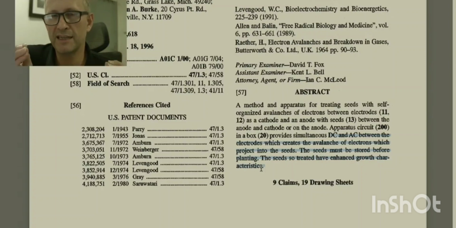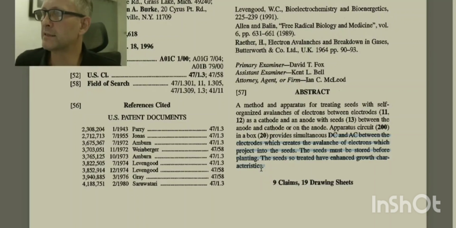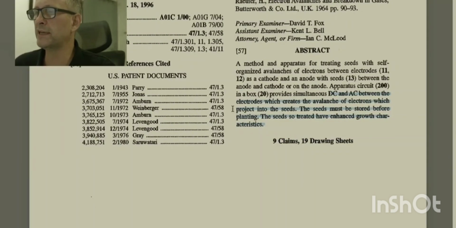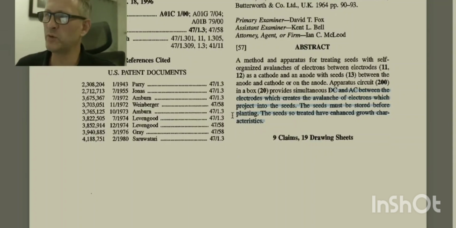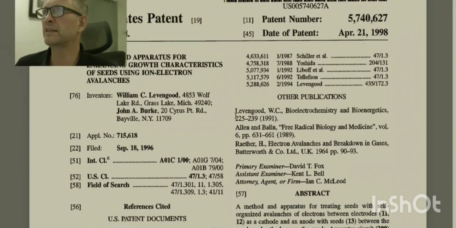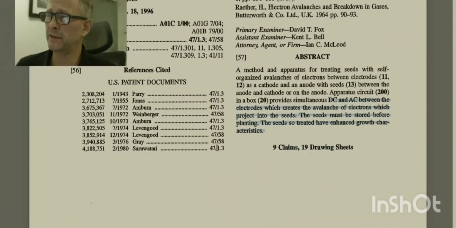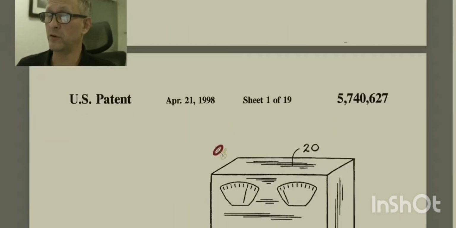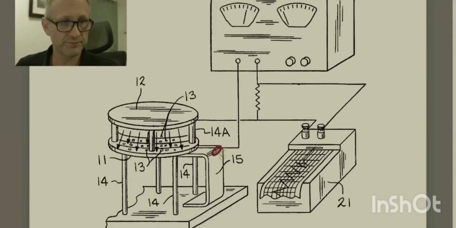These two things are intrinsically linked. It's to do with the breakdown voltage in air and the limits to that. And so you will see that I think there's no way that W.C. Levengood could not have had conversations with Ken Shoulders. I just can't believe it. Or he was studying Ken Shoulders' work.